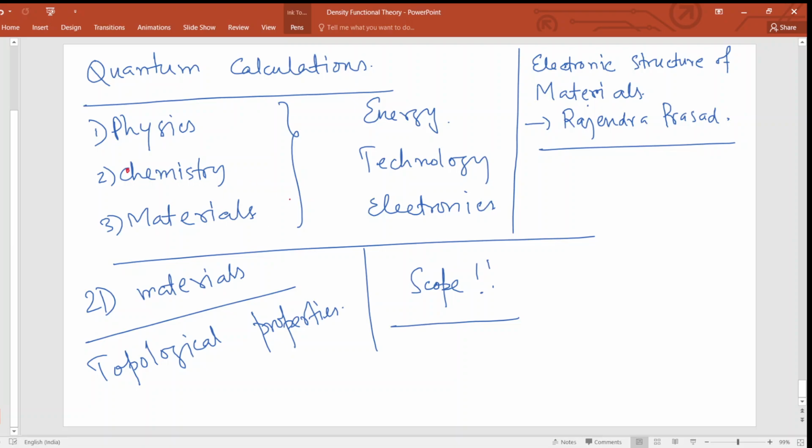These techniques are quite useful in areas like energy, of course technological relevance, and electronics, where they have huge dominance. For example, predicting material properties is of huge technological importance also. Okay, and recently you have probably heard of the discovery of these 2D materials.